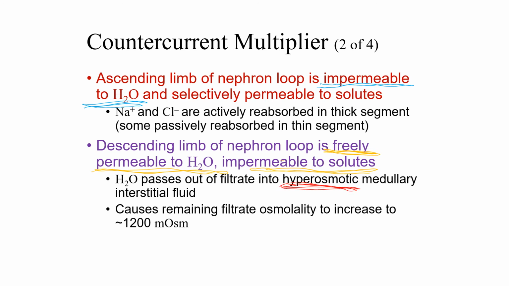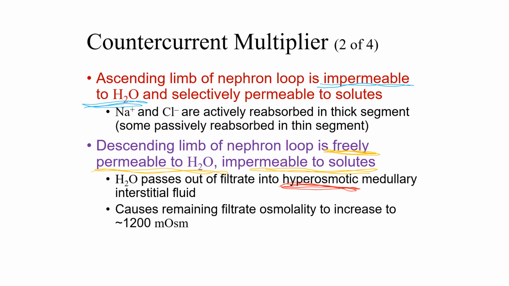What does this mean? This means water can move into the medullary tissue from the descending limb, but it's going to keep the solutes inside the tube. The ascending limb is impermeable to water, but sodium and chloride can be reabsorbed in the thick segment. Okay, so what does this mean?